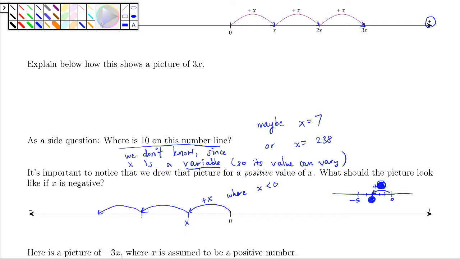So this would be 2 x's and 3 x's. This is 3 copies of x where x is a negative number. Don't be fooled by the fact that this 3 is a positive number. If x is a negative number, then 3x is a negative number.